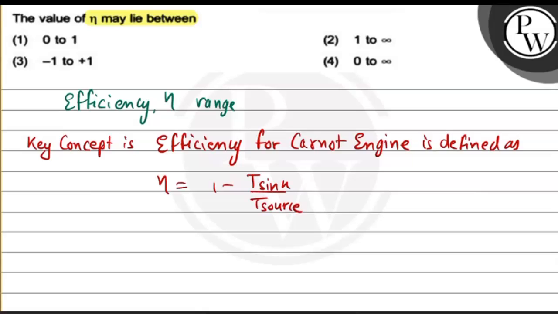Okay, now what we have in Carnot engine is that we have a sink, a source and a system. So let's say this is our source, this is our sink, and this is our system which does work.